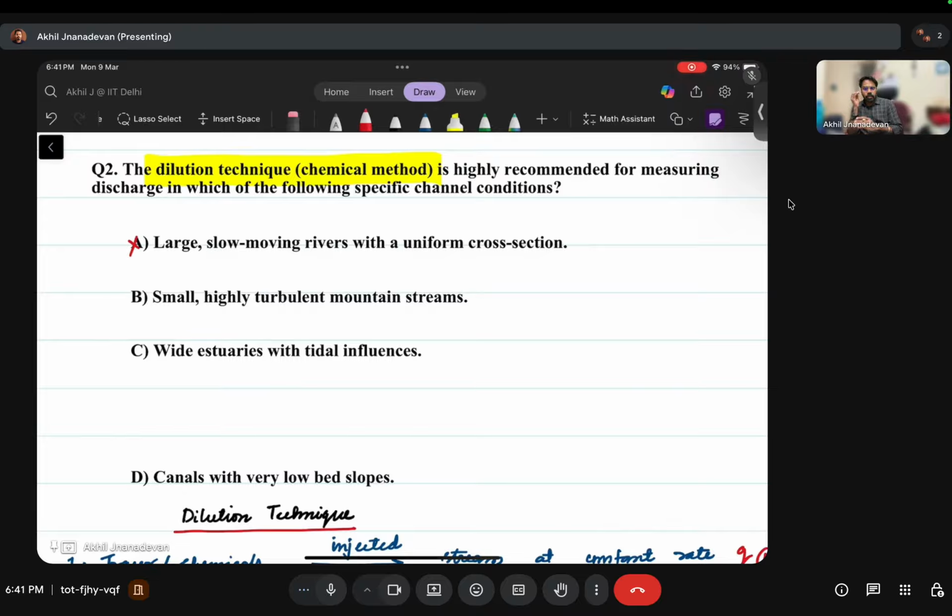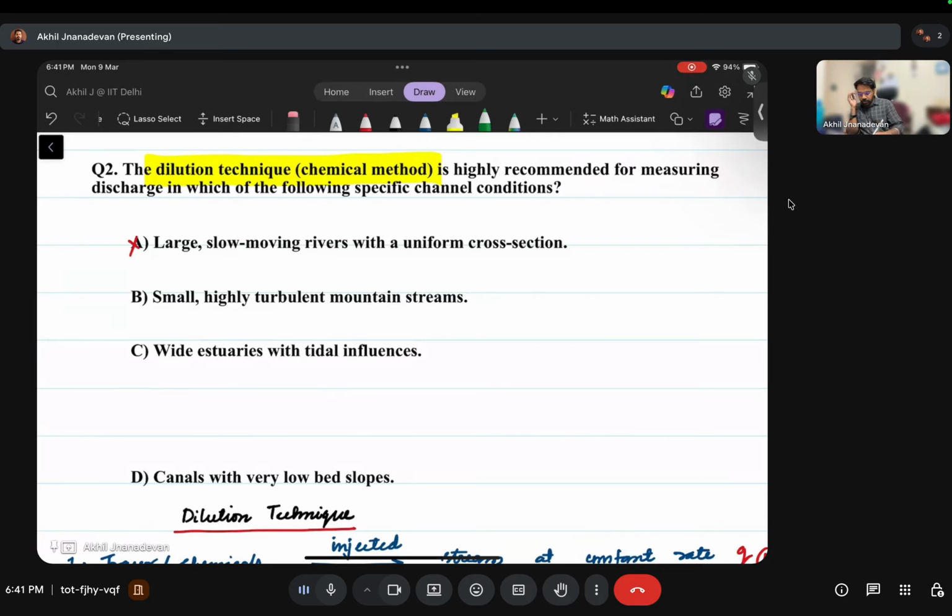So that will also be a problem if we are using this for a slow-moving stream. For a small turbulent stream in mountain terrains, we cannot measure the velocity with the help of a current meter, and if there is good turbulence, the water and the tracers get mixed properly. In such cases we can use it, right?